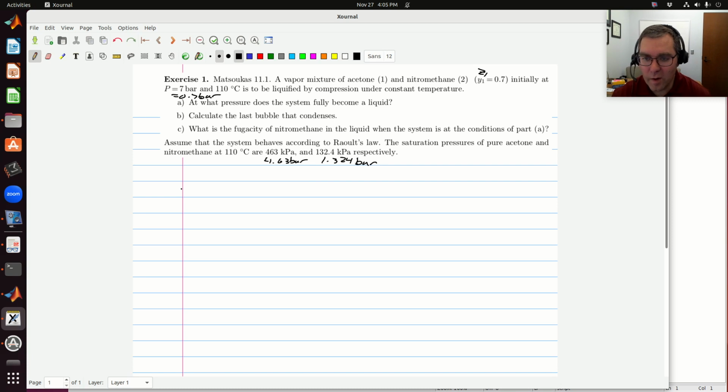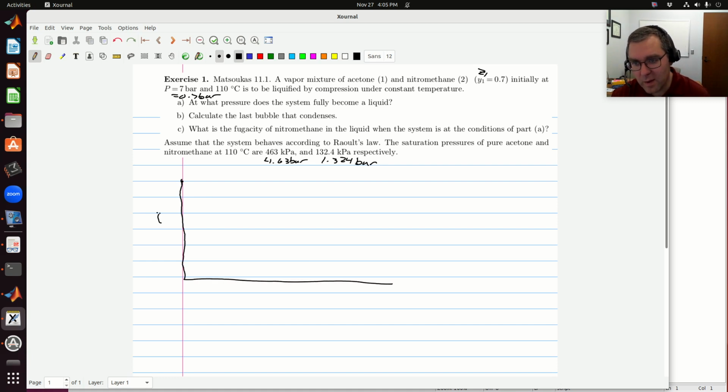So anyways, I'm going to start by sketching a phase diagram. We're at 110 degrees C, and we're going to change the pressure holding temperature constant. So I'm thinking in terms of a PXY phase diagram.